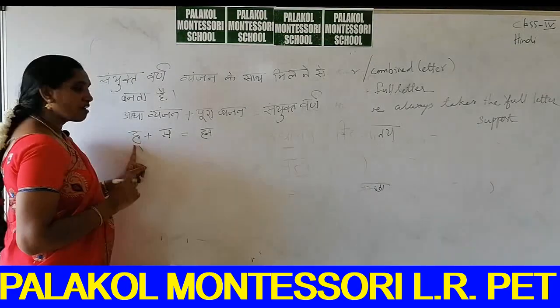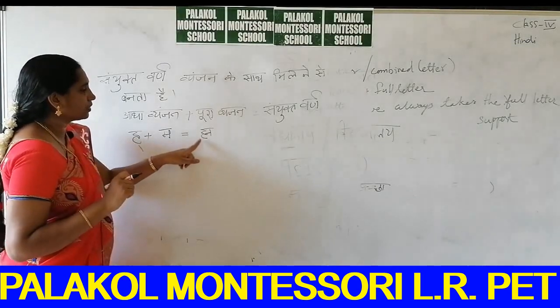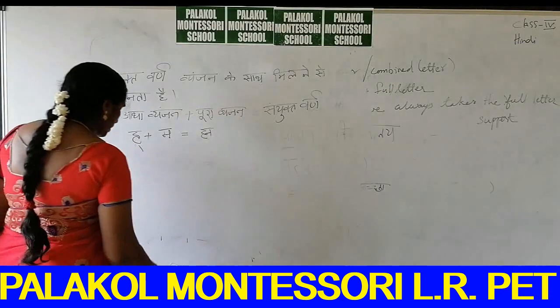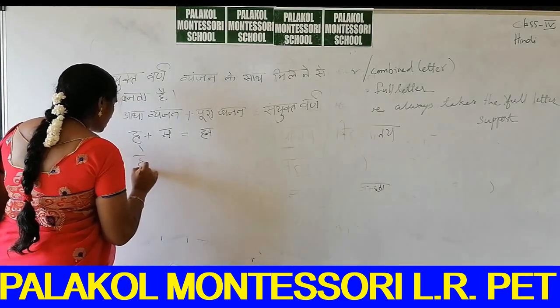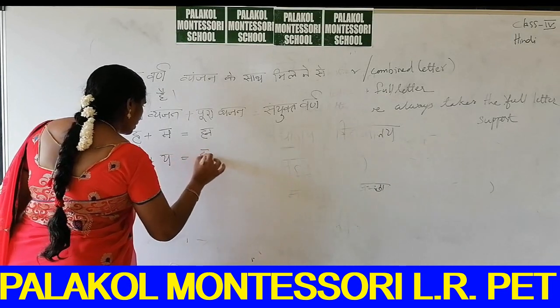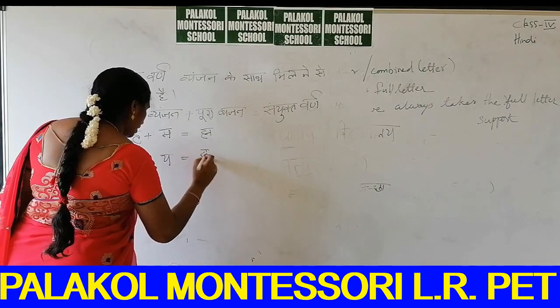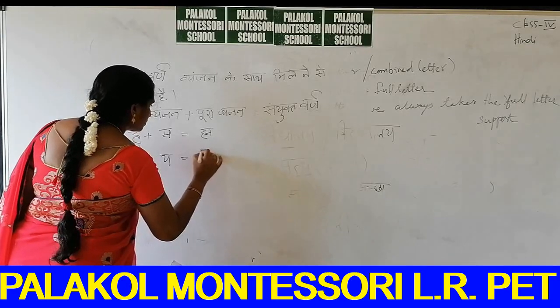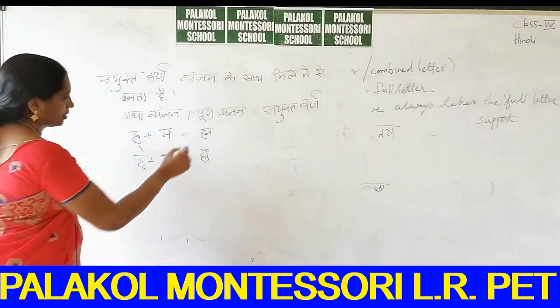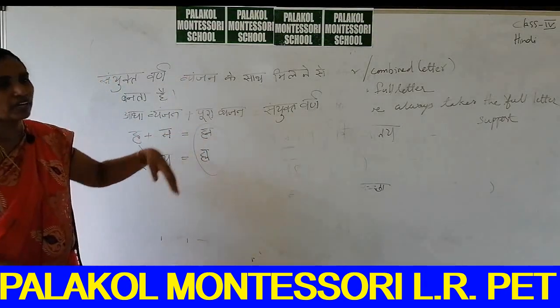So half ha plus ma is called hma. Next, ha plus ya is hya. It was written differently, but in any letter you will learn properly.